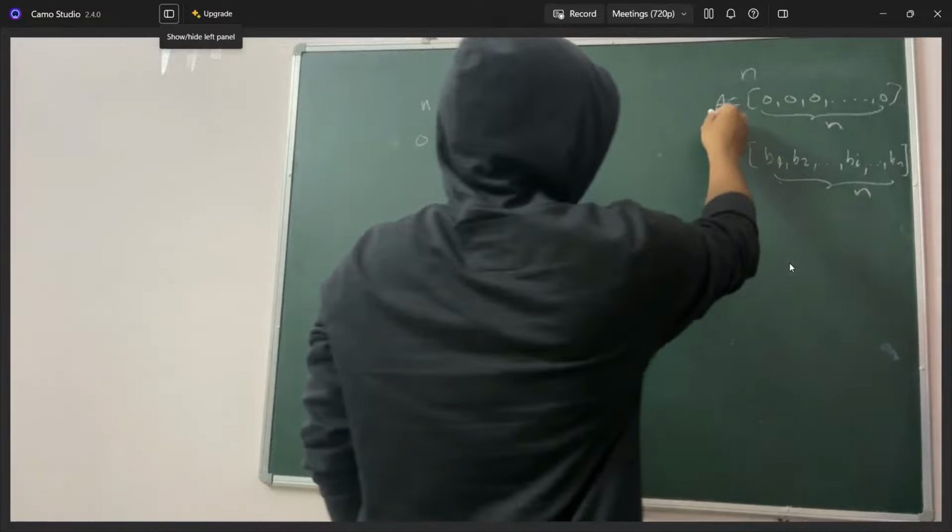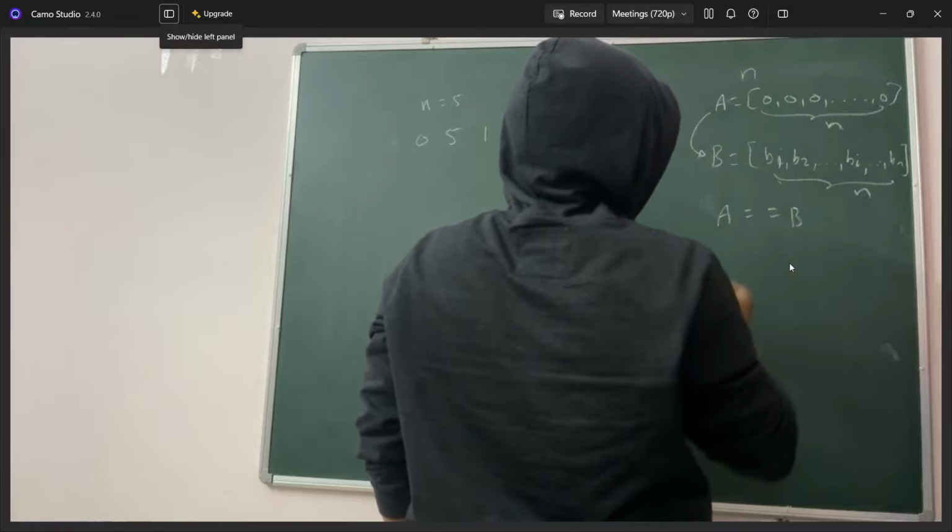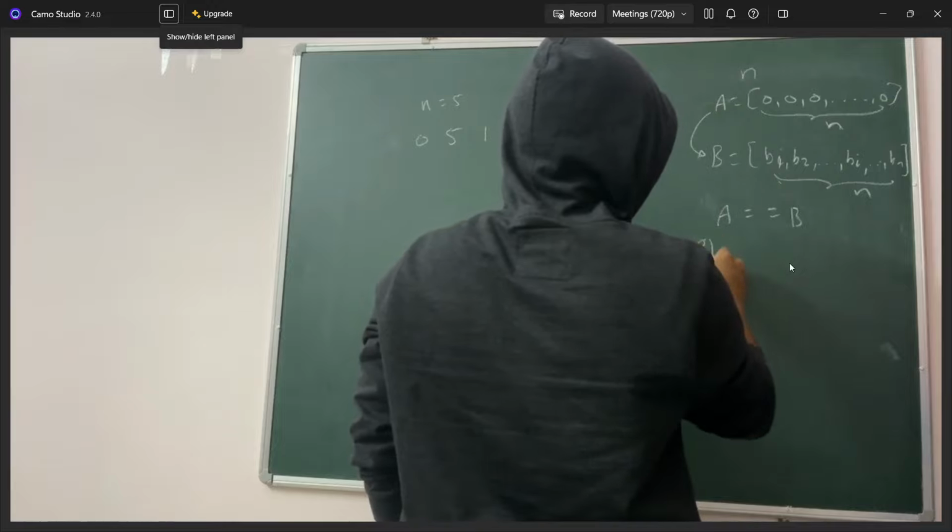Our task is to make A equal to B. When you're doing that, you'll have to do operations.